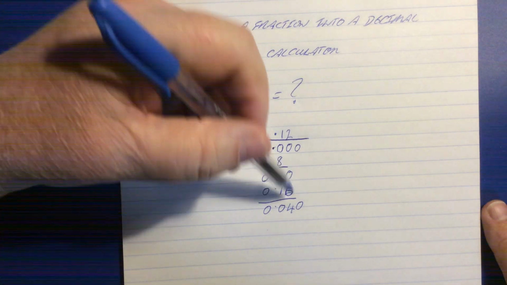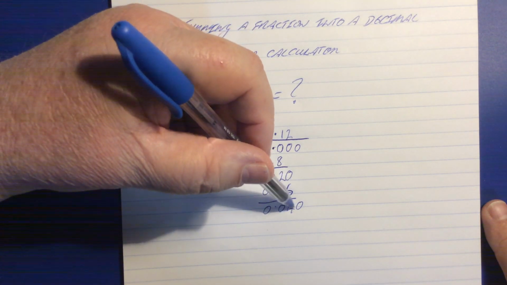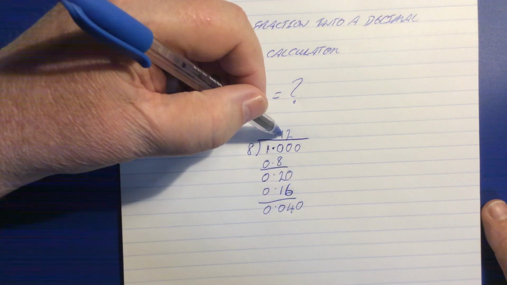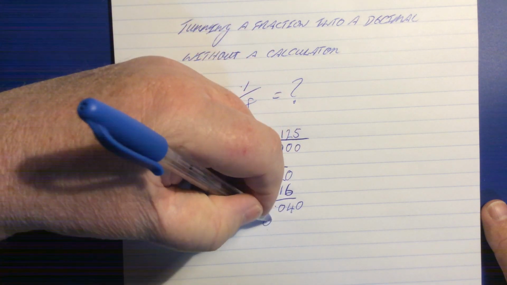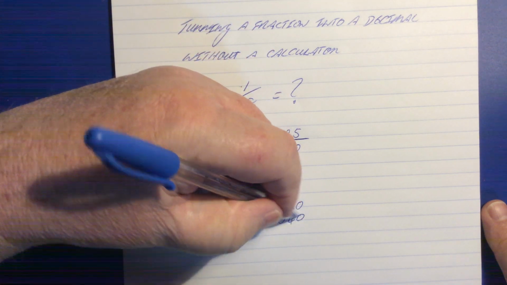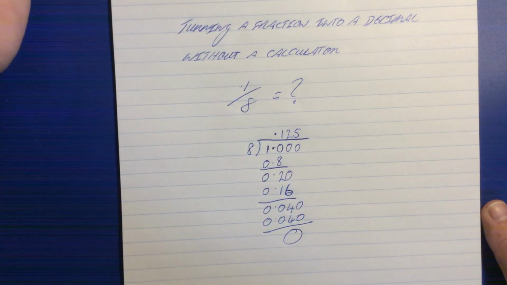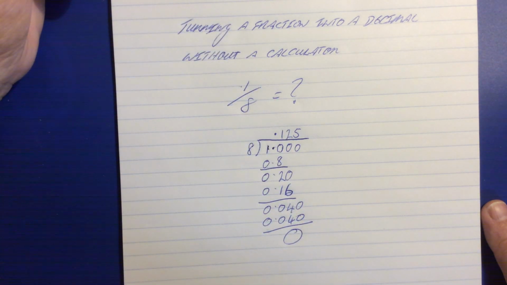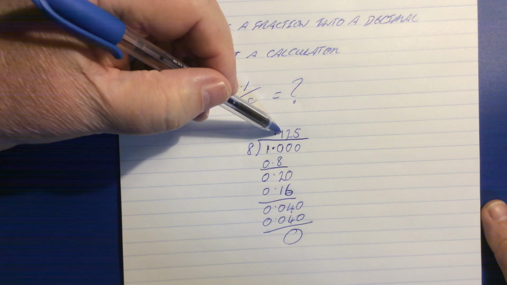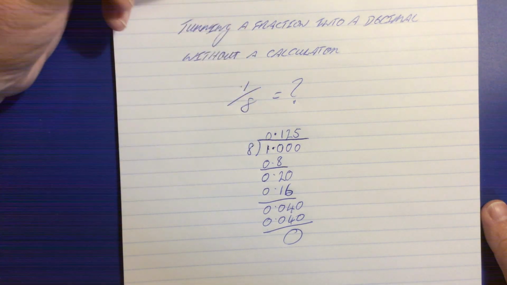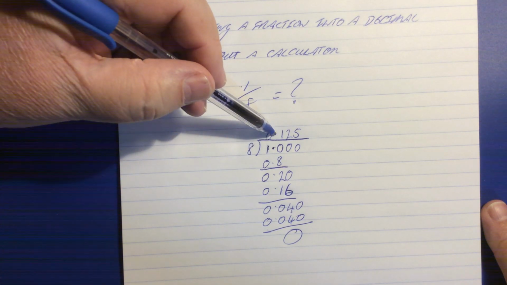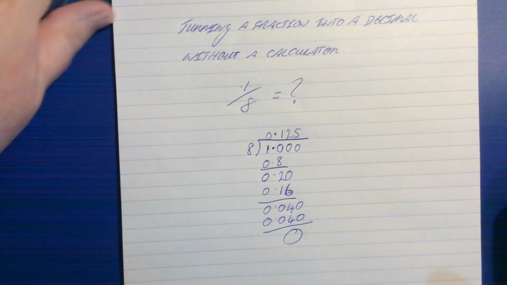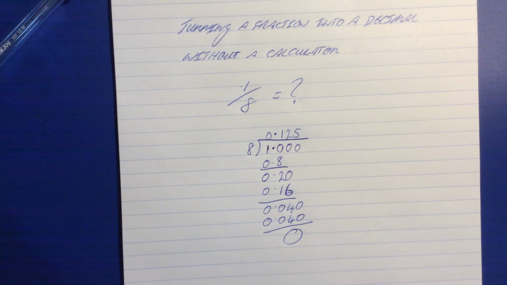And it will go into 0.040, 0.005 times. And that will give us no remainder, and if you want to write the 0 in there you can. 1/8 is equal to 0.125.